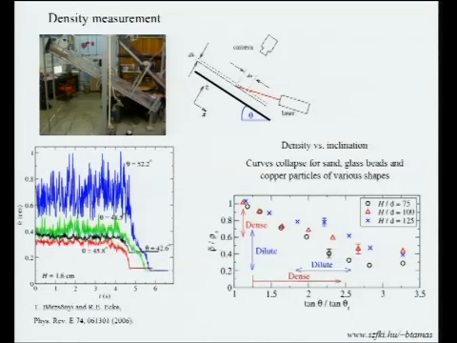The ratio of these two heights is the normalized mean density of the flow, which is decreasing with increasing plane inclination. This is a lot of data collapsed for different materials. They nicely collapse, so we get a good curve describing this density decrease generally.